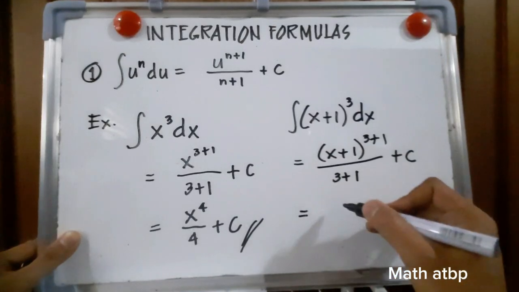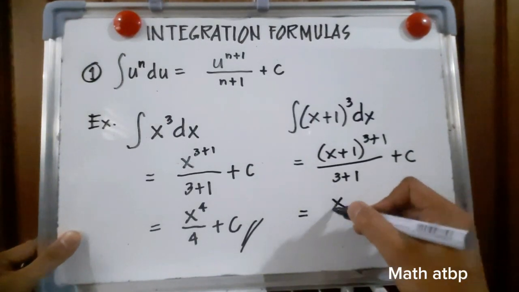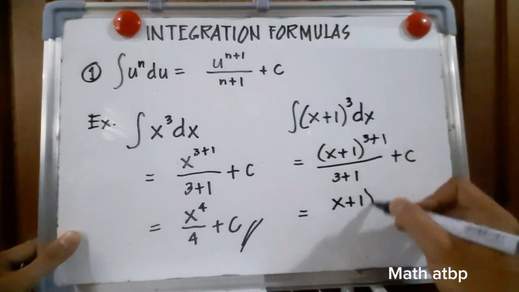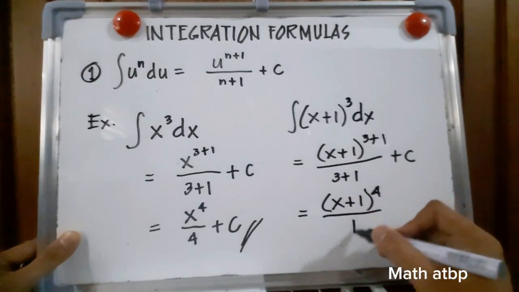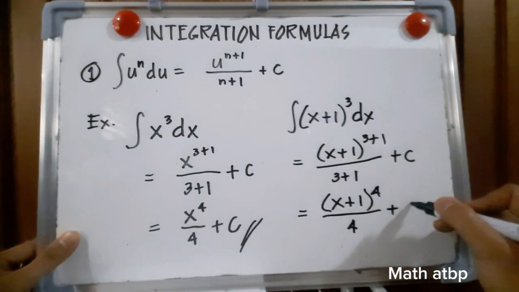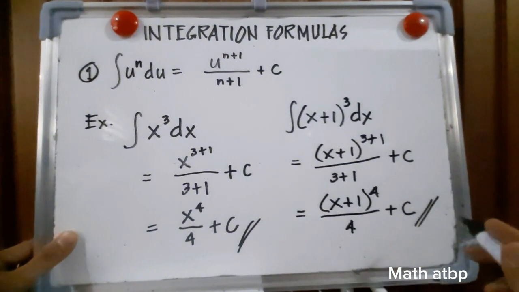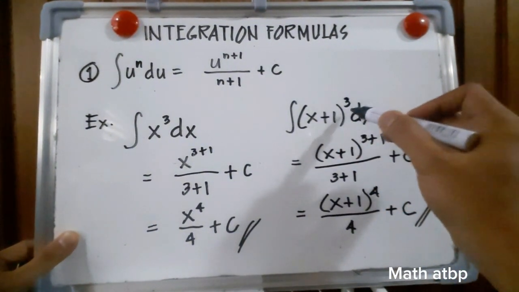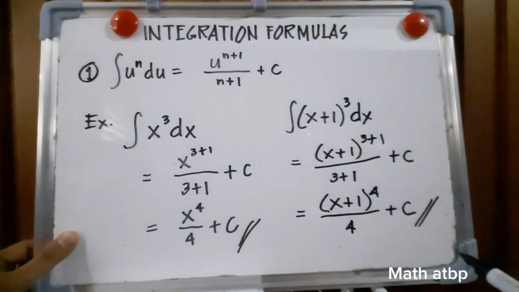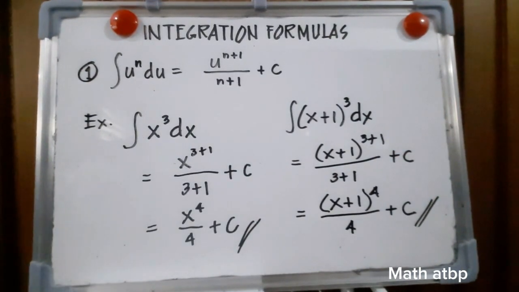Therefore, it is now finally equal to x plus 1 raised to 4 divided by 4 plus c. That is the integral of the quantity x plus 1 closed quantity raised to 3 dx. I hope you can follow.